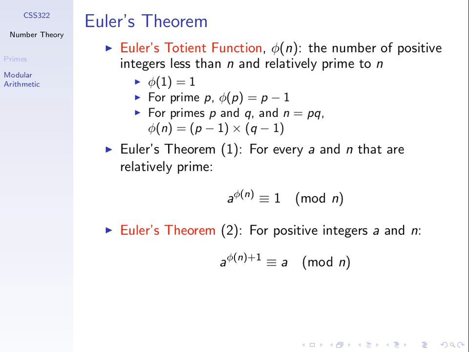Count the number of numbers less than n which are relatively prime with n. There are some shortcuts. By definition, the totient of 1 is 1. That's one thing. For a prime number, if n is prime, then the totient of a prime number is p minus 1. The totient of a prime p is p minus 1.